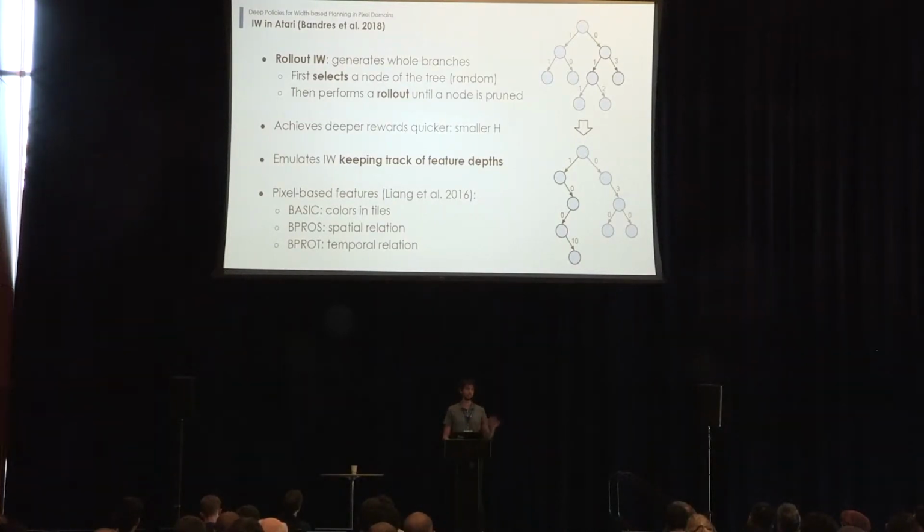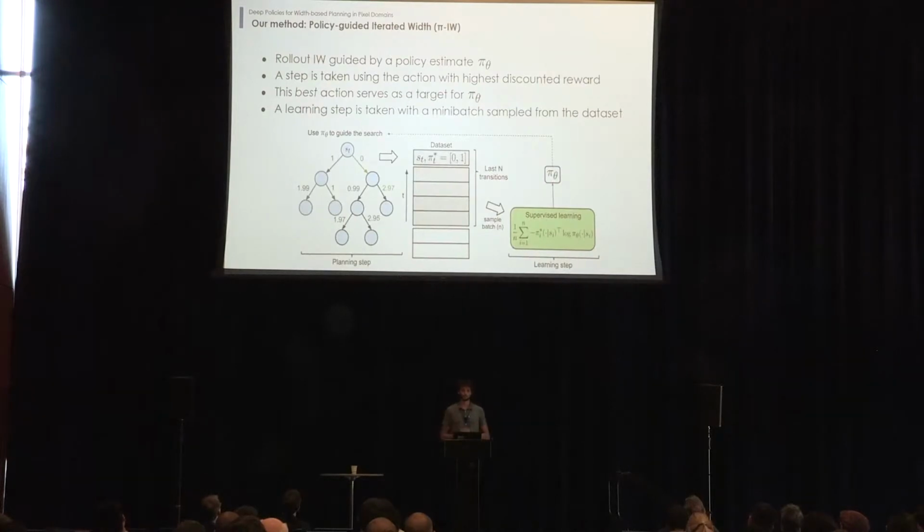They still emulated the width notion by keeping track of feature depths. And they used pixel-based features, which are basically the colors in tiles and their spatial and temporal relation. So our method consists of basically two steps, a planning step and a learning step.